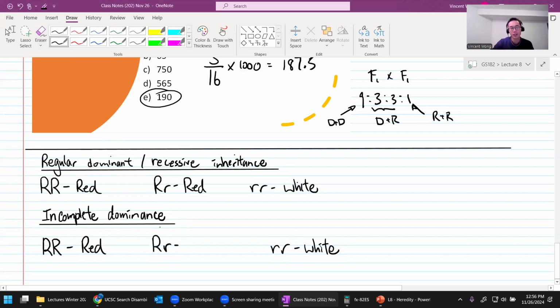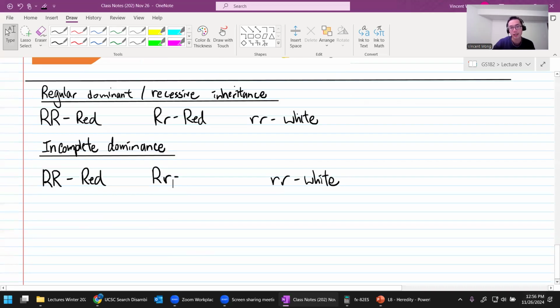But the heterozygous condition is not red and is not white. Incomplete dominance means the allele does not completely dominate over the other one. It does not cover it up like the regular case. In the regular case, the big R completely dominated over the small r. You won't even see the small r showing up. It's going to be red. But in this case, big R doesn't cover up small r, and small r does not cover up big R. And in the end, the heterozygous condition is going to be somewhere in between. So somewhere between red and white is going to be pink.